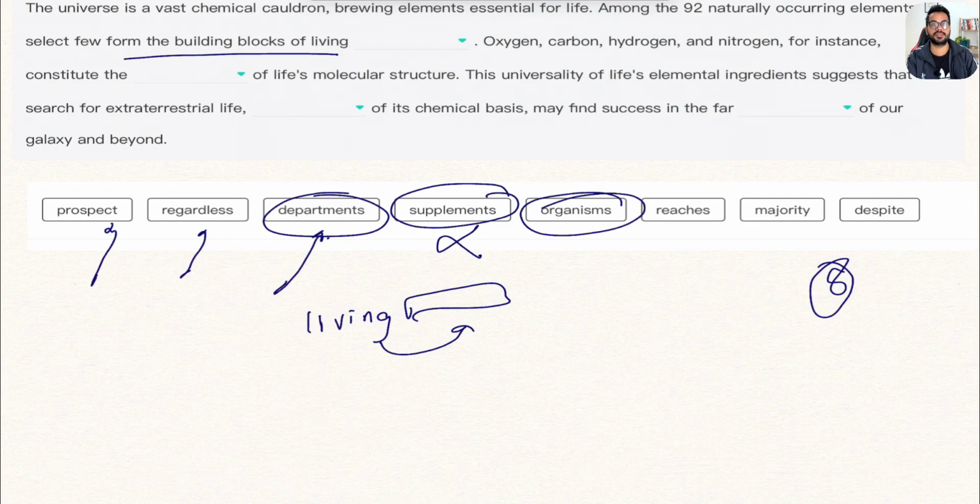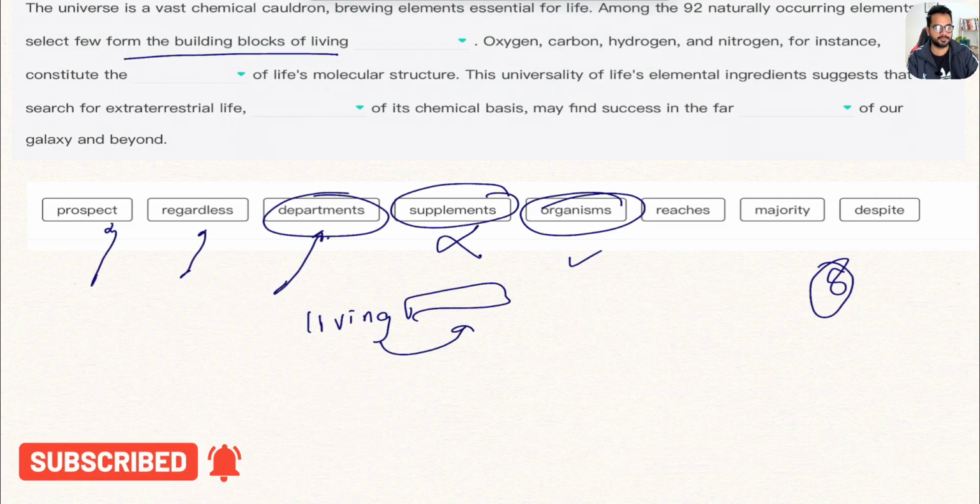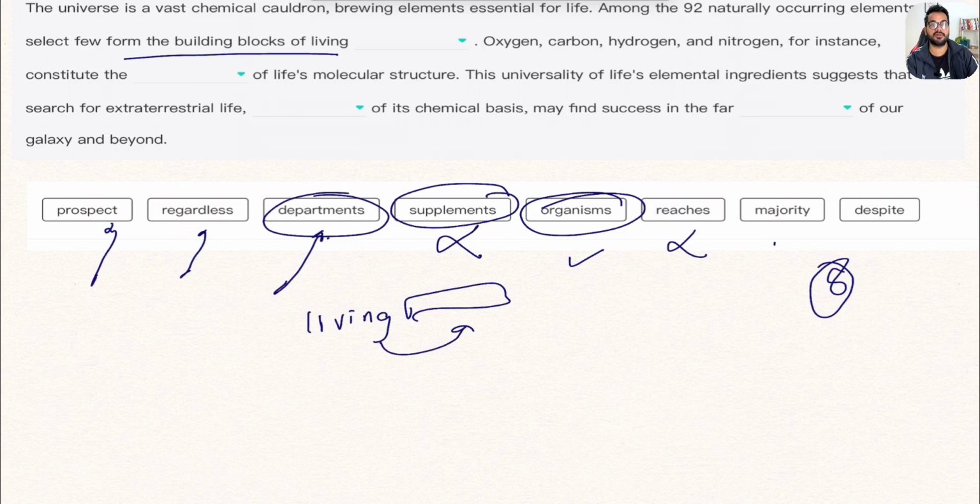Living organisms absolutely makes sense because organisms are of different types, bacteria, all these things that they're talking about. Living organisms is a great collocation. Living reaches doesn't make any sense. Both are verbs. Two verbs can't be together. Living majority, I can keep that as an option. Living despite. If I was using the word despite, then the sentence can't end. There has to be something after that. So again, despite can't be the answer. So either departments, organisms, or majority.